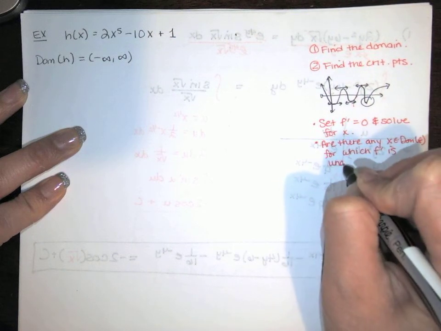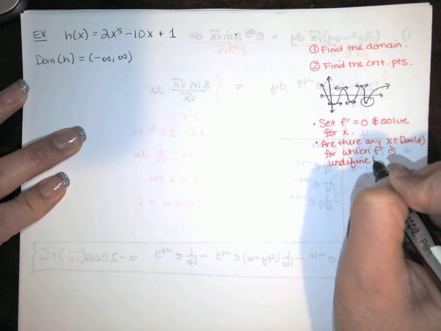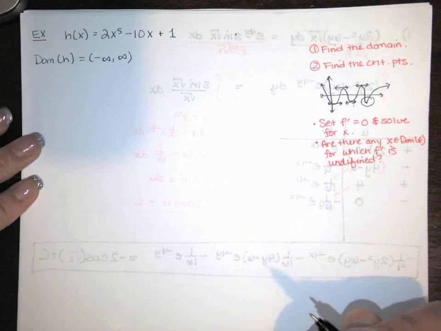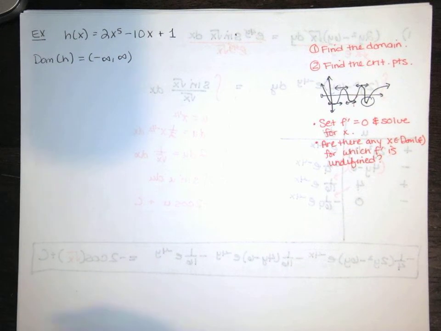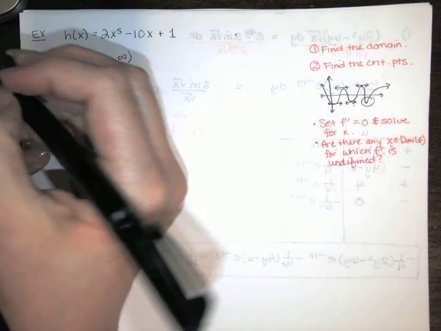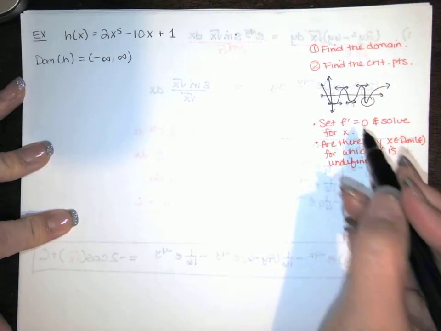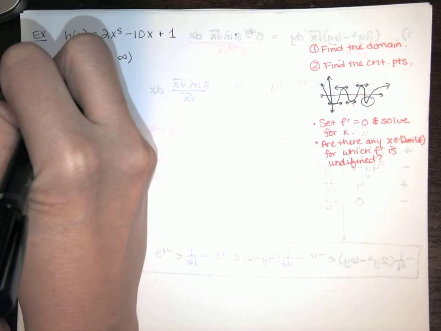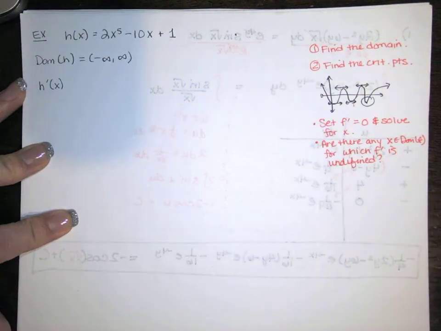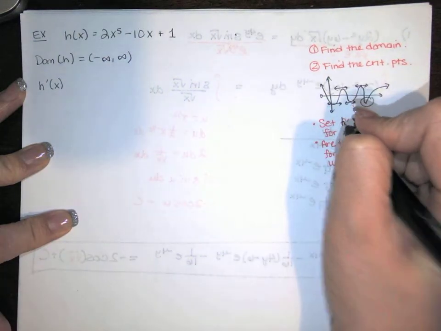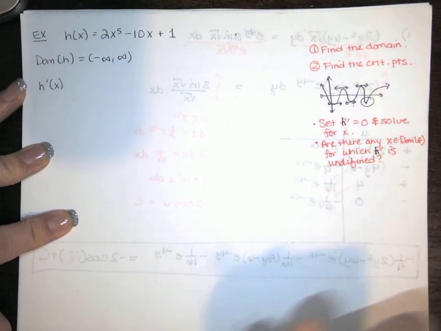If there are x values in the domain for which f prime is undefined, those are critical points too. And remember, we're setting f prime equal to 0, or excuse me, not f prime. This is h prime. Our function is h, not f.